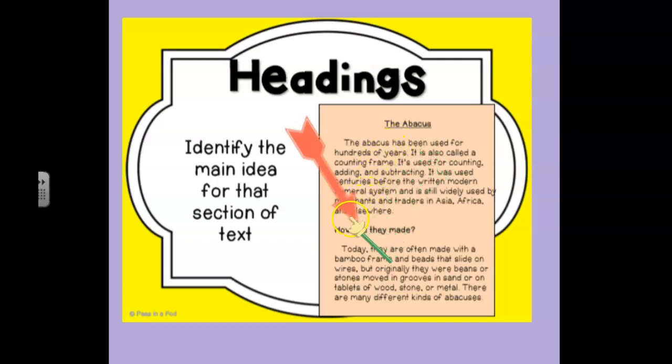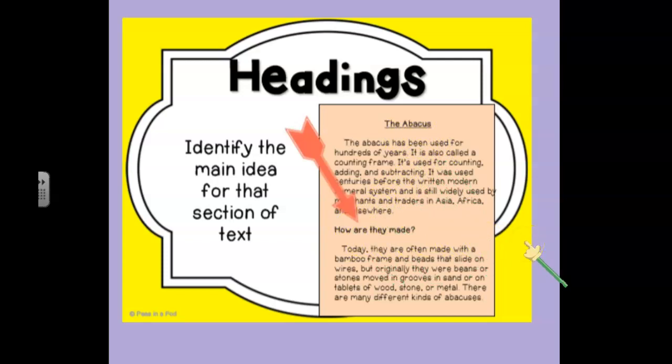Underneath it, sometimes you will have what we call a subheading. That means under that heading, you have another topic within that topic. Those are the subheadings. So here is a subheading. How are they made? Right here it's talking about it, and here is telling how it's made.